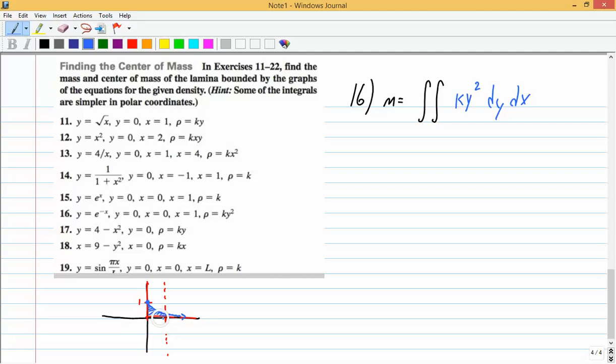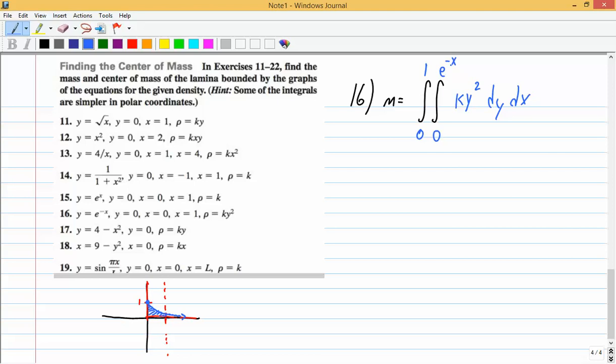How do we bound the x? 0 to 1. Now the y is going to be from 0 to this line right here. So 0 to, what was this that we graphed? e to the negative x. So it's not as complicated as you would think. Once you write it down, you may get a little confused at first, but we're basically setting these up the same way we've set up anything else.